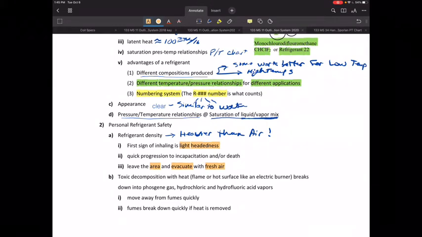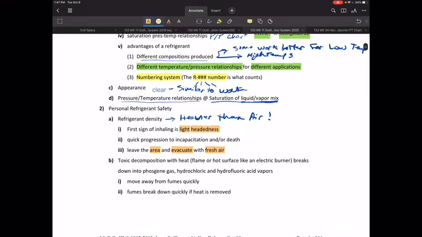Those are the big things. In small amounts, most refrigerants are fairly safe, but there are some that are not. So refrigerant density was the main thing here, just recognizing it is heavier than air. It's a major deal if you're in a small area.